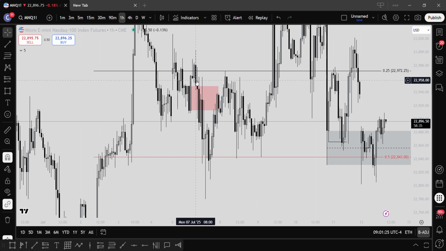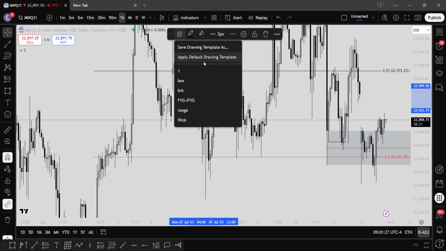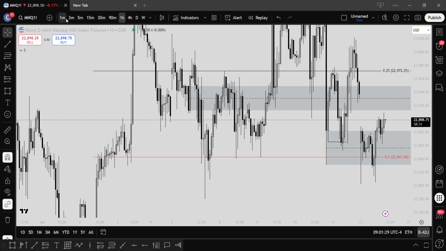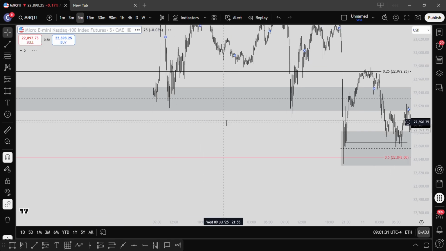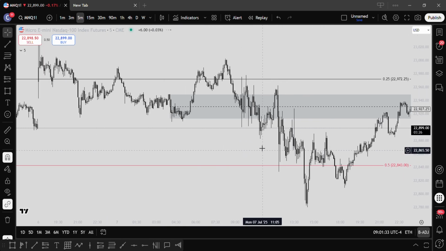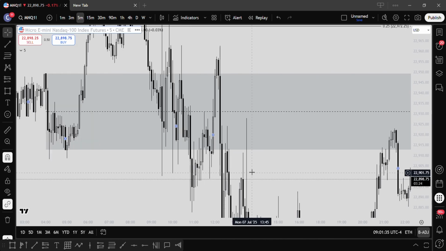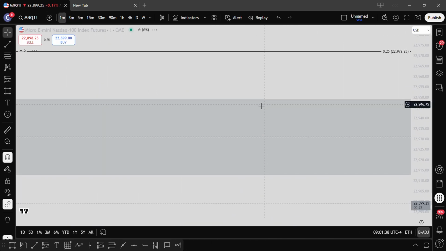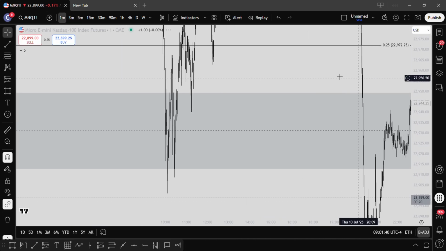For example, this one, if we use the 50% of it and we went to the 5 minute, I wanna dive to the 1 minute so I can see it perfectly.